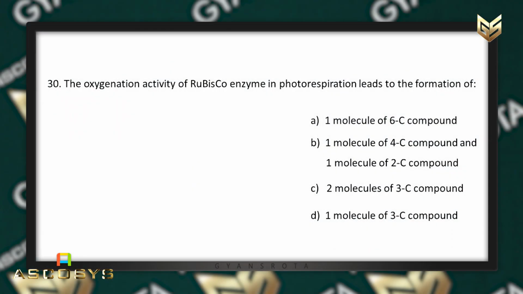In question number 30, you can see the oxygenation activity of Rubisco enzyme in photorespiration leads to the formation of option A, 1 molecule of 6C compound, option B, 1 molecule of 4C compound and 1 molecule of 2C compound, option C, 2 molecules of 3C compound, and option D, 1 molecule of 3C compound.